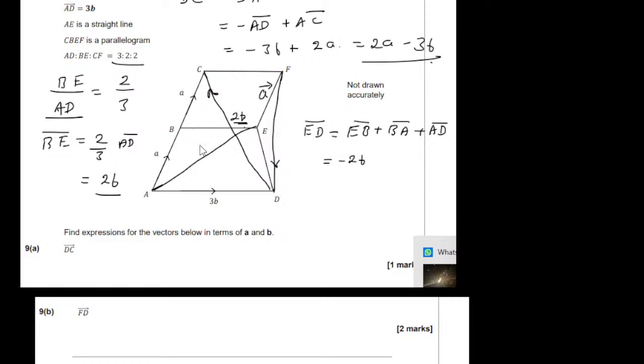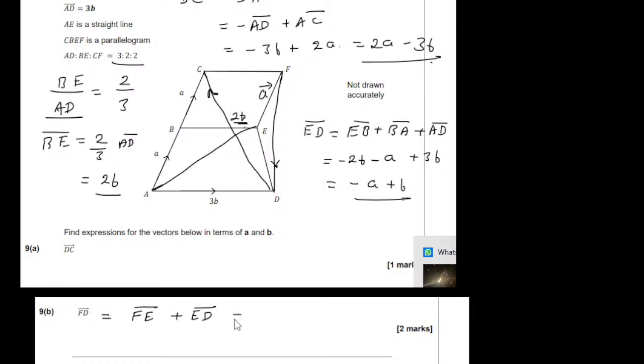BA is minus of AB, so this is minus A, and AD is 3B. So we will get minus A plus B for AD, and EF we have also got. Now I have to work out FD. FD is FE plus ED.